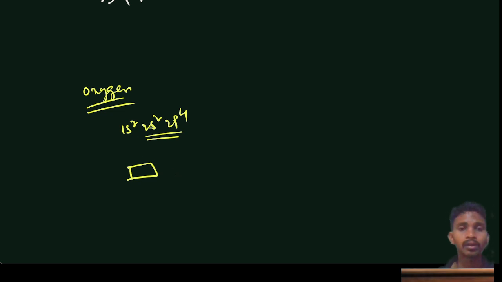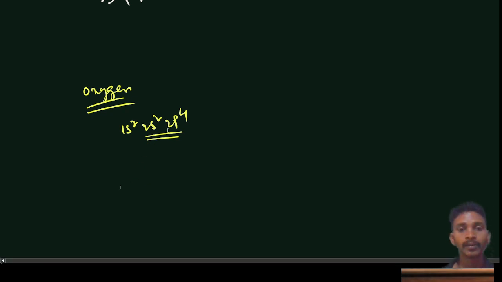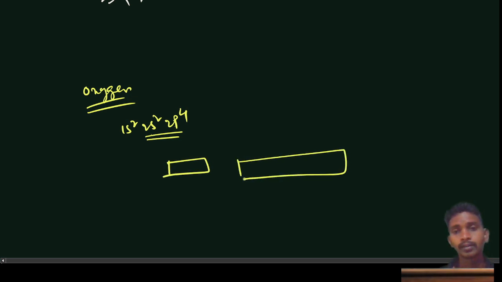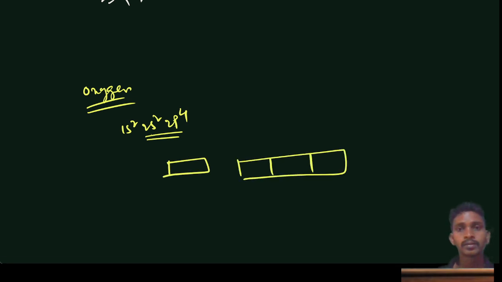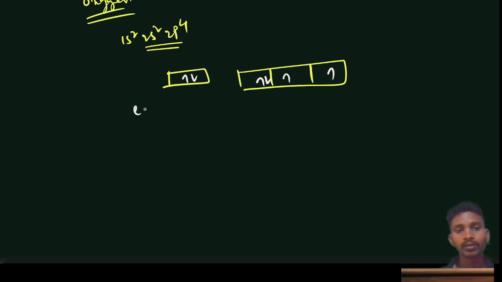If the s orbital is fully filled, then we can neglect it, so we can take only the p orbitals. So this is 1 and 2, this is 1, 2, 3 and 4. These are the ml values: here it is 0, this is 1, this is 0, this is -1.